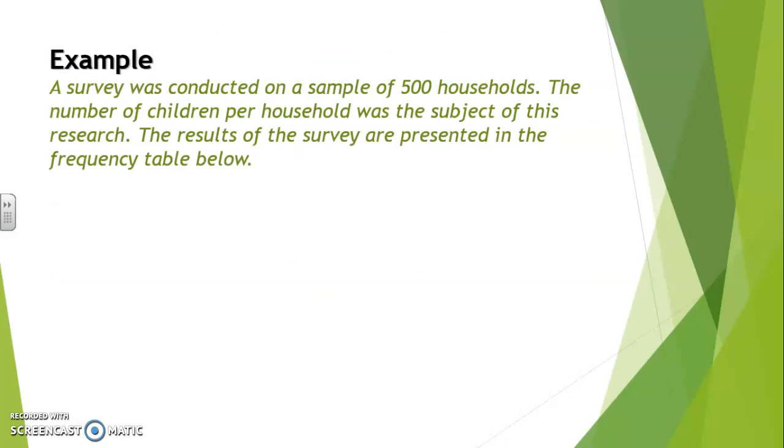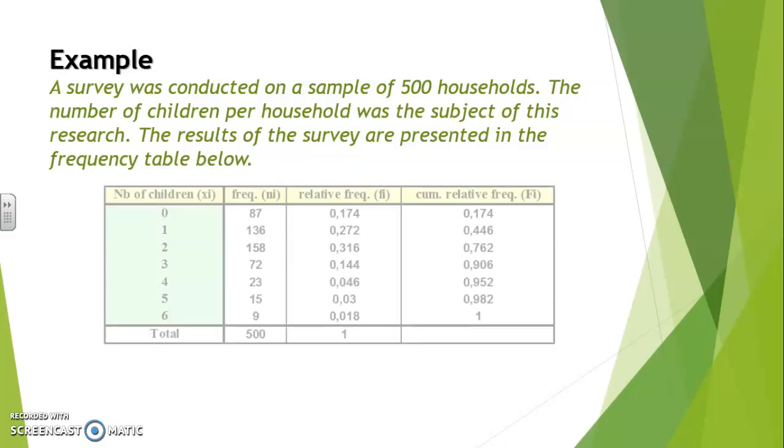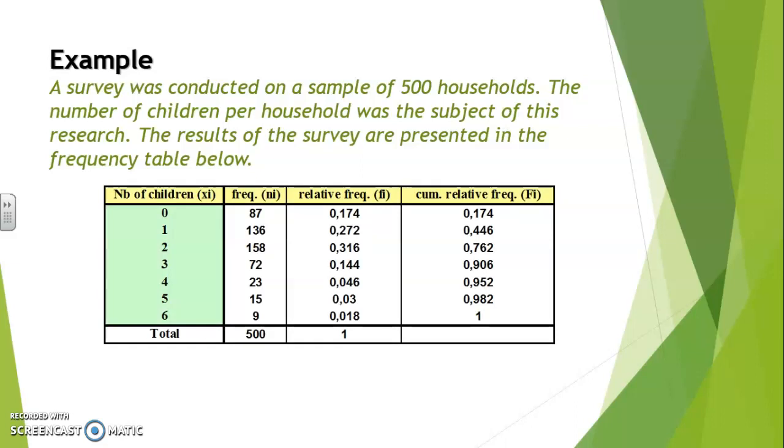For example, here's a survey that was conducted on a sample. So we're talking about a little n here of 500 households. And the number of children per household was the subject of the research. Right, so here is a frequency table that summarizes the collected data. In the first column, we have the observations themselves.